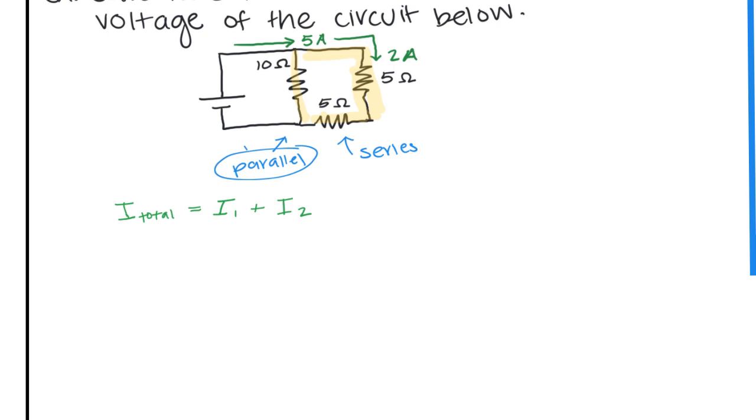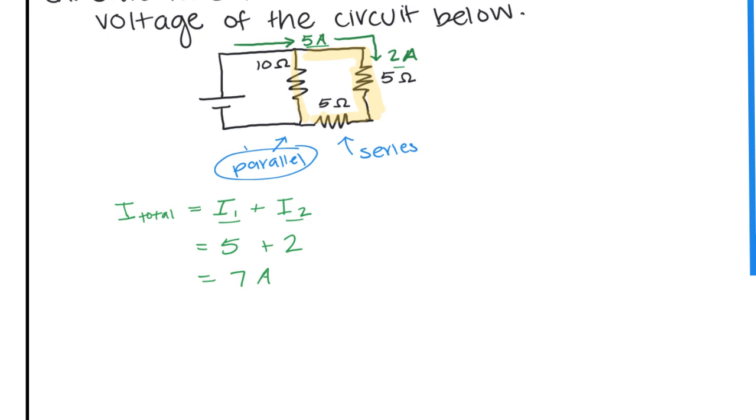And then to calculate our total current, we are simply going to add whatever we're plugging in for I1, which is 5, plus whatever we're plugging in for I2, which is 2. And that gives us a total current of 7 amps for this parallel circuit below. Okay.